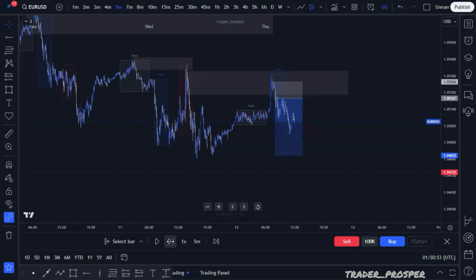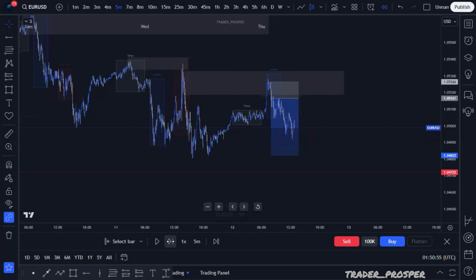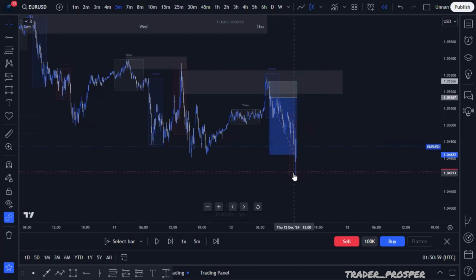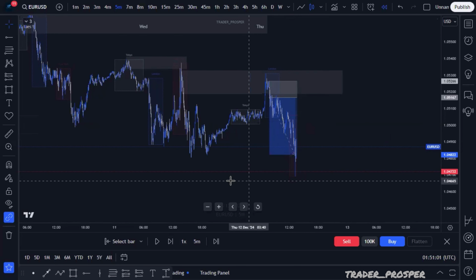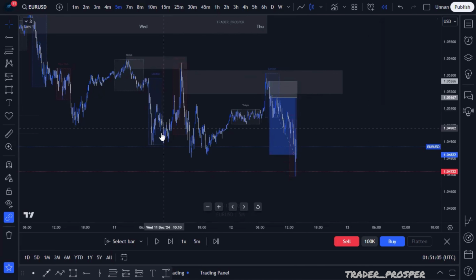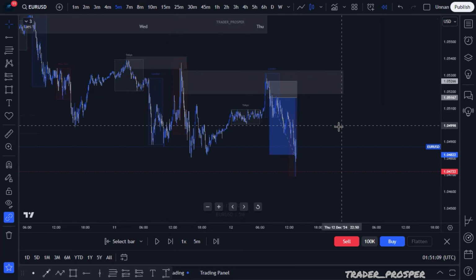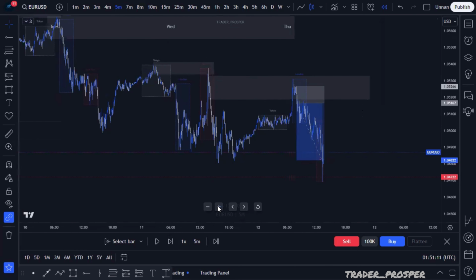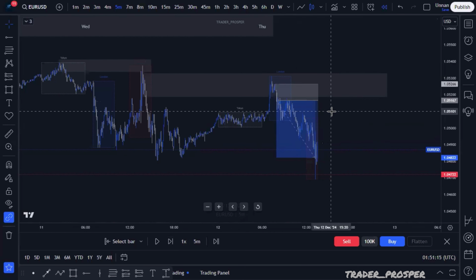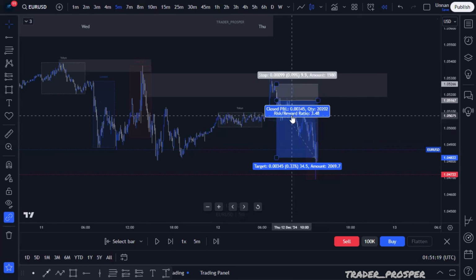All right, let's see if we successfully hit. Yeah, so you can see price even came to strip this liquidity at the bottom here, our target for Wednesday, and we actually took some partial profit. So this was a nice trade. This is how you can manage your trade, and you won't be scared or giving back what you have already earned from the market back to the market.